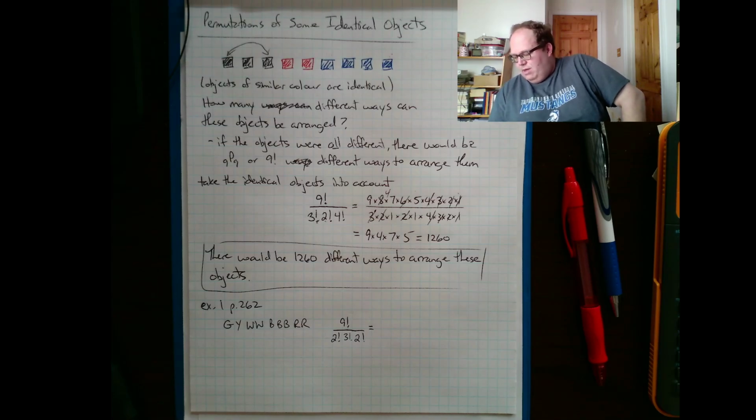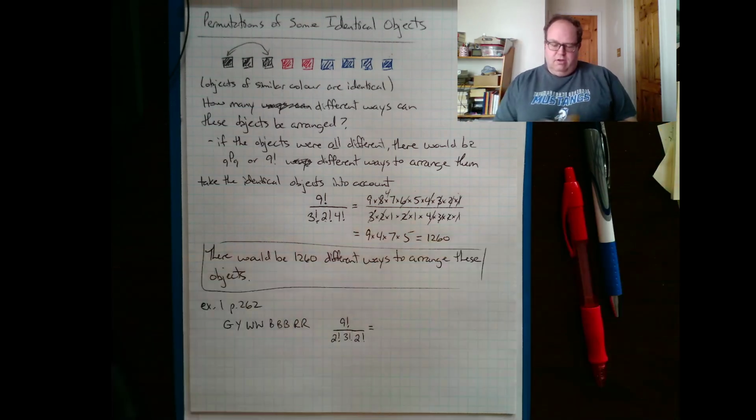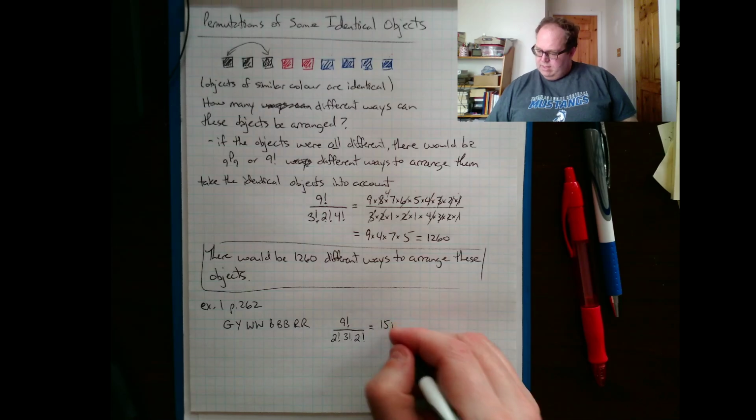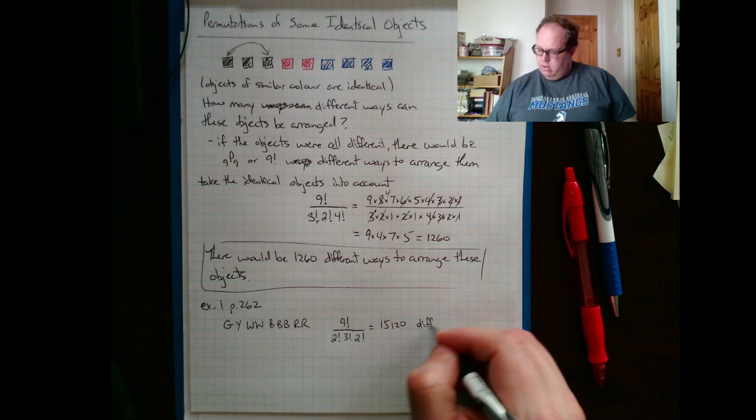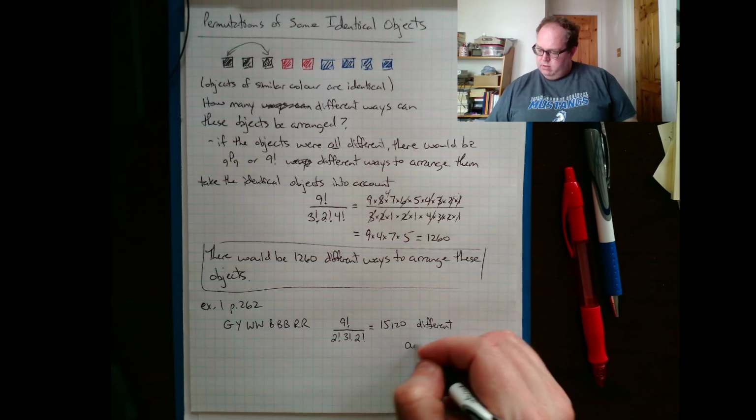Do I want to work that out in my head? I have 9 out of 4. 5, 6, 7, 8, 9, 30, 210. I don't want to do that in my head. 15,120 different arrangements.